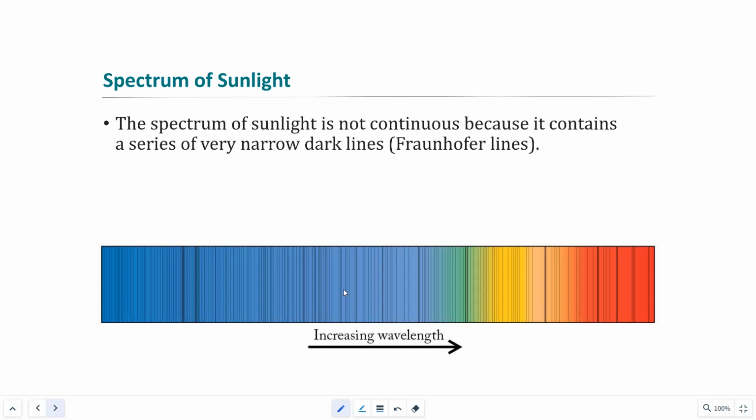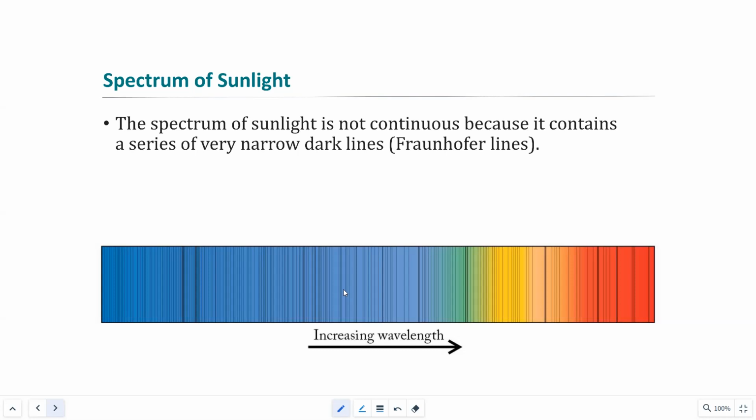Well, some similar kinds of things were going on as we were trying to get a handle on understanding light. And one of the things that they were able to do is they took a spectrum of sunlight. When we think of white light, we usually think of it as this continuous band of colors, no dark spots in between.